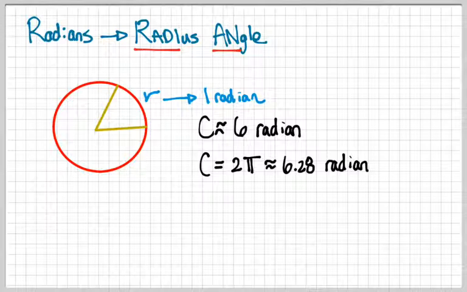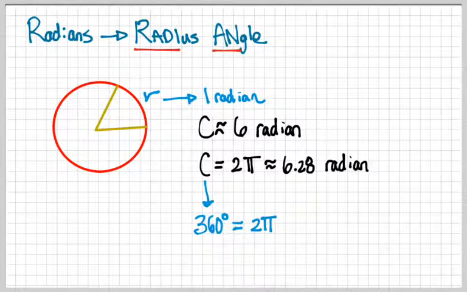Now from here, in class we talked about how this relates to degrees. The circumference, your distance all the way around a circle, has 360 degrees in it. So we can think of the circumference as being 360 degrees is equal to 6.28 radians, or 2 pi. Now, this isn't as simple as you can get. We devised a simpler form by dividing each side by 2.